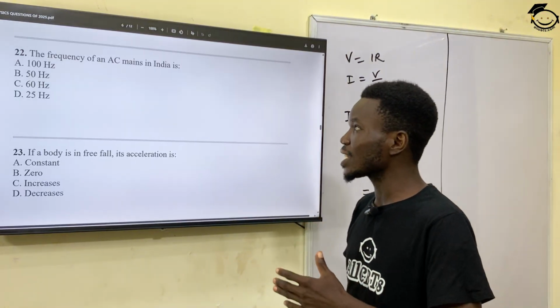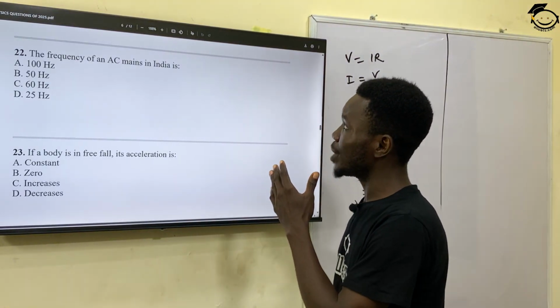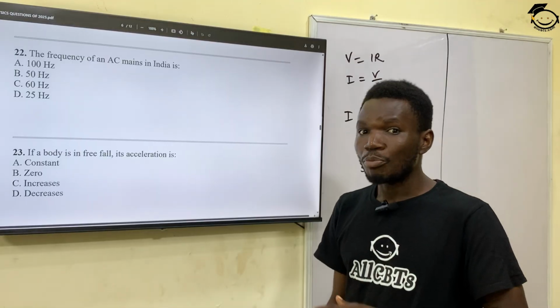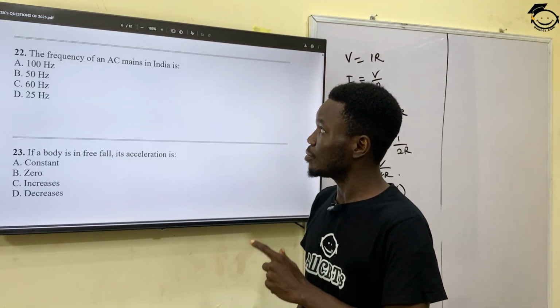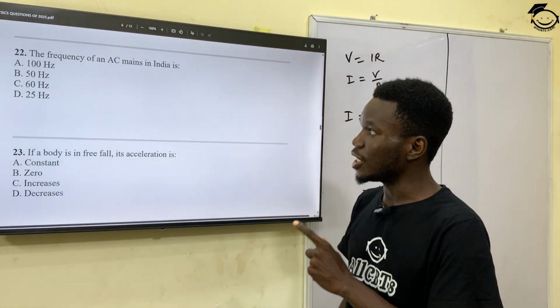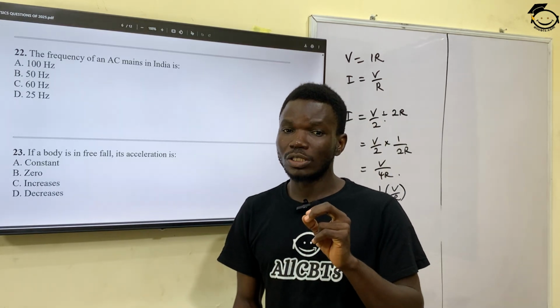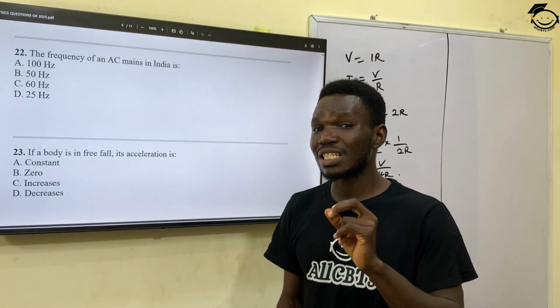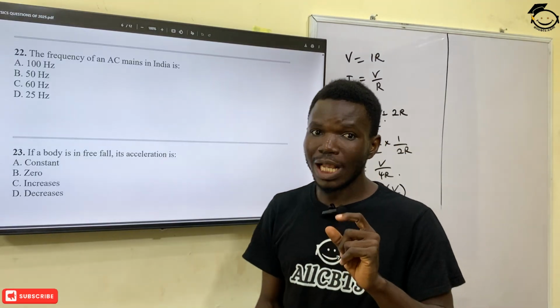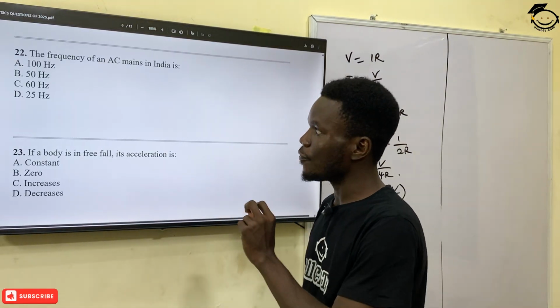Question number 22 says, the frequency of an AC mains in India is dash. Please note that the frequency of an AC mains in India is 50 Hz under normal circumstances, under a standard voltage of 230 volts. It is what? 50 Hz.